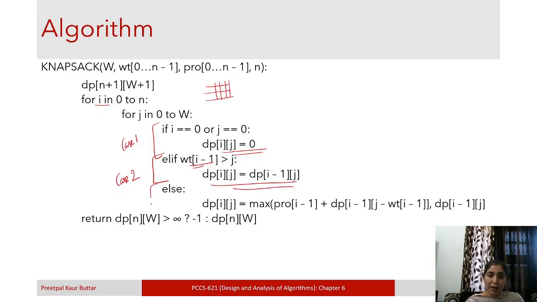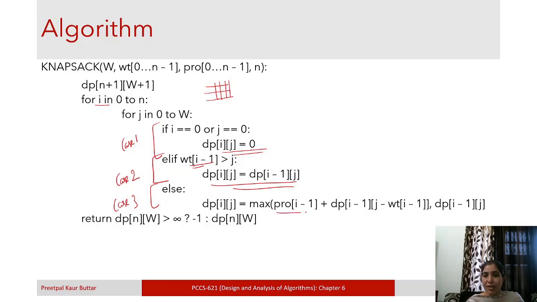And then case 3, when you can include the item, but you will decide whether to include or not depending upon the profit which you are earning, whether you are earning maximum profit by including the item or by excluding the item.